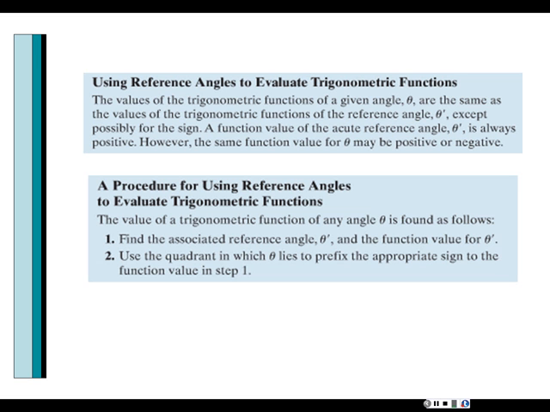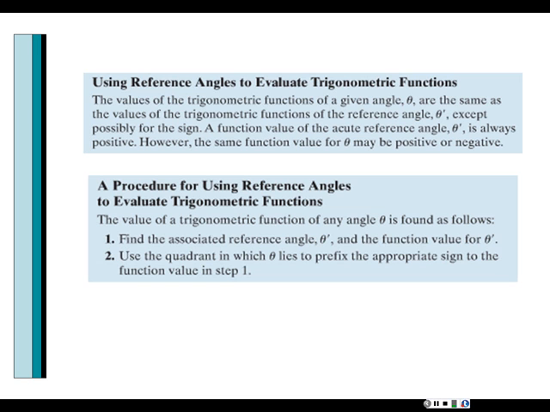So that's what they said, that the values of the trigonometric functions of a given angle are the same as the values of the trigonometric functions of the reference angle, except possibly the sign. So we know the sign from the other chart. We know exactly how the sign will be changing, but remember, the sign will be determined by the original angle.